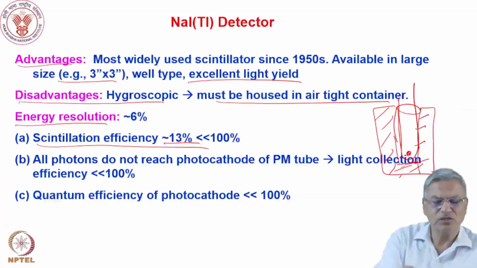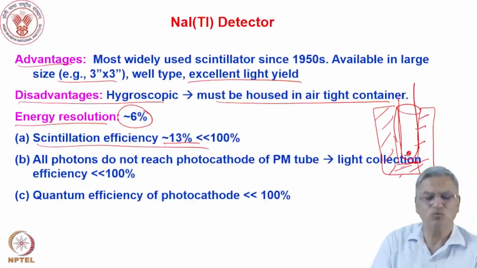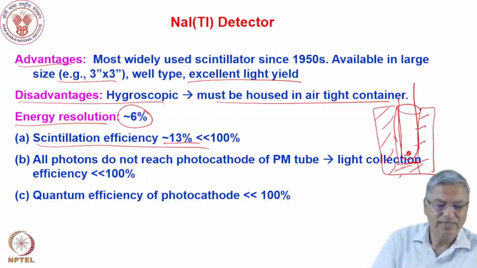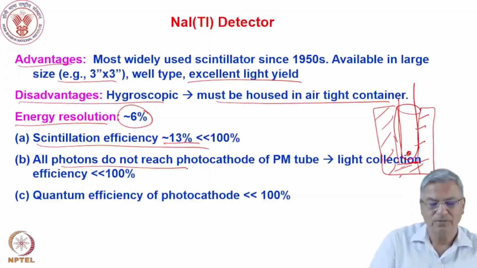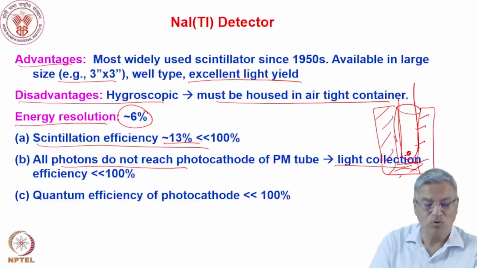Now, why is this resolution so poor? We expected about 0.1% or 0.2%, but it is 6%. The reason is that all the photons produced in the crystal do not reach the photocathode of the PMT, so the light collection efficiency is very low. Similarly, the photocathode has its own quantum efficiency, which is much less than 100%.